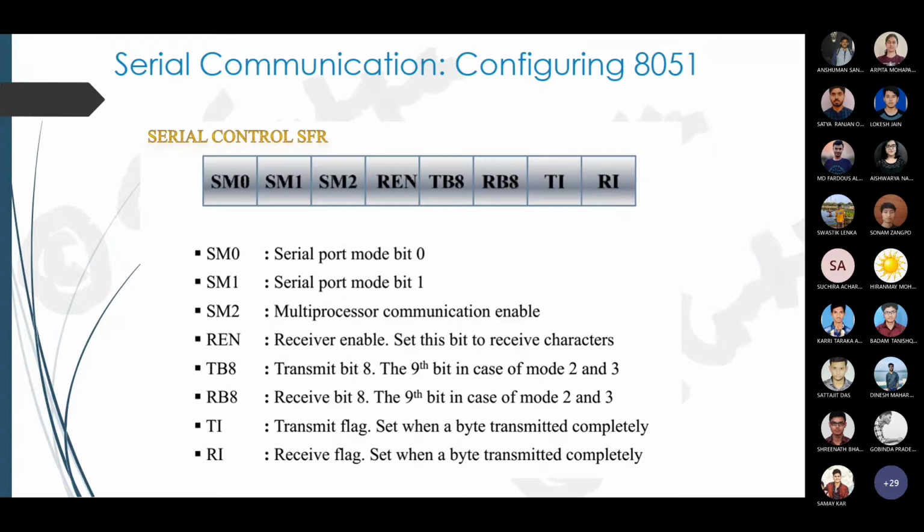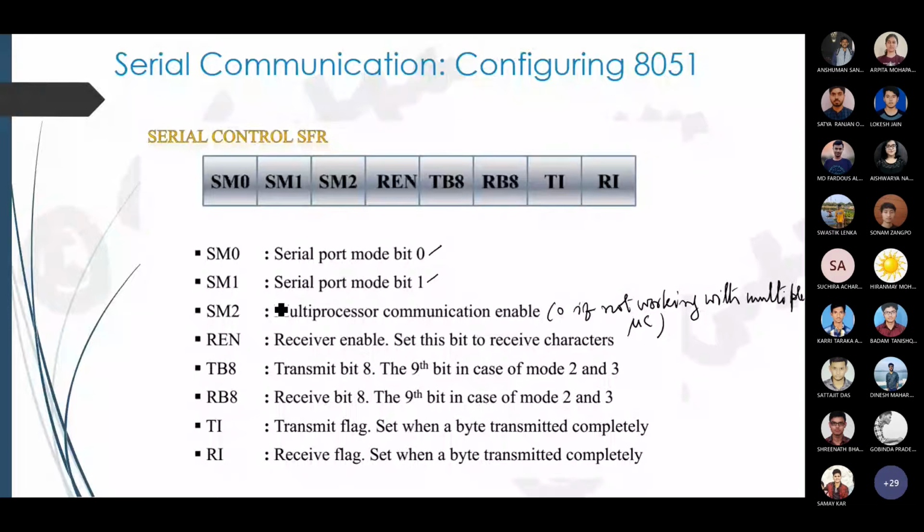Okay. So in the SCON, we have SM0, serial port mode bit 0, and SM1, mode bit 1, and then SM2, multiprocessor communication enable. This bit can be kept at 0 if not working with multiple microcontrollers.